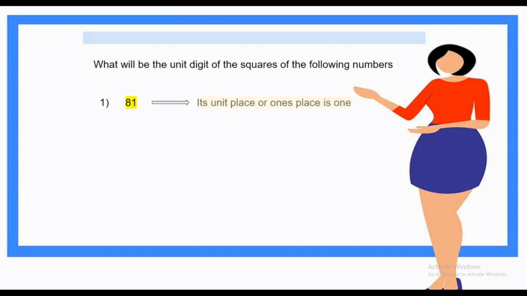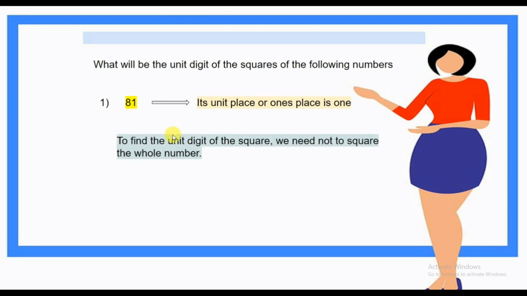Here the unit digit or ones place of 81 is 1. Now to find out the unit place of the square, we need not square the whole number. Instead, we will square only the last digit of the number.